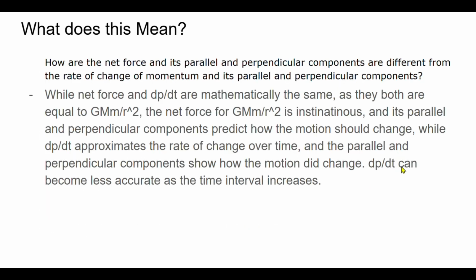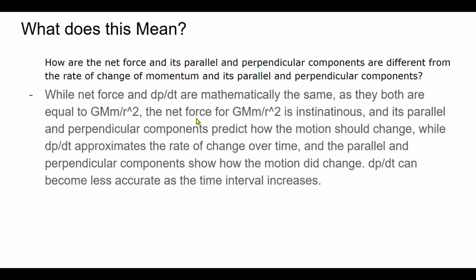On to the what does it mean question for this lab. Basically, this question is asking how the net force and its parallel and perpendicular components are different from the rate of change of momentum and its parallel and perpendicular components. So basically, your net force and dp/dt, which is the rate of change, are mathematically the same because they both equal the universal law of gravitation.